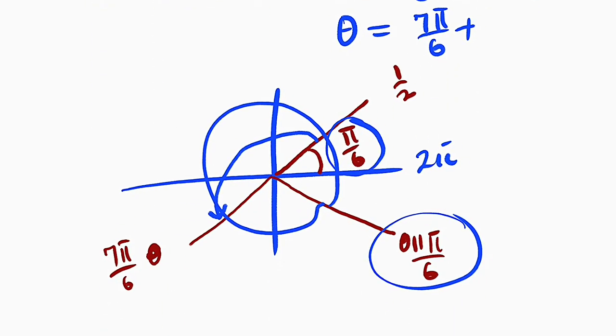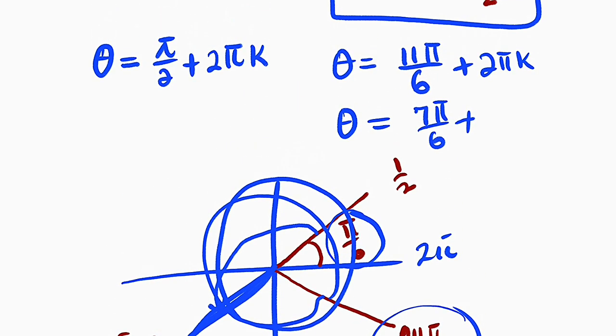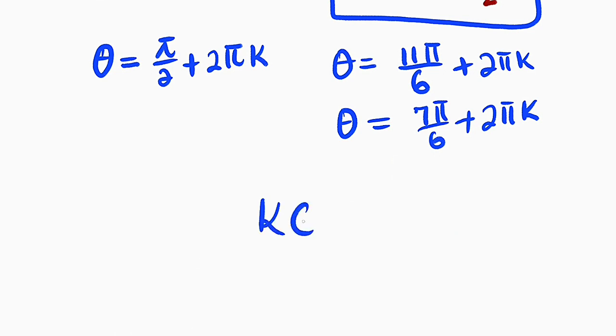The same thing, from this 7 pi divided by 6, if you add multiples of 2 pi, you're still going to come back to where you started. So we're going to obtain so many coterminal angles. So we add 2 pi k, for which k is an integer.